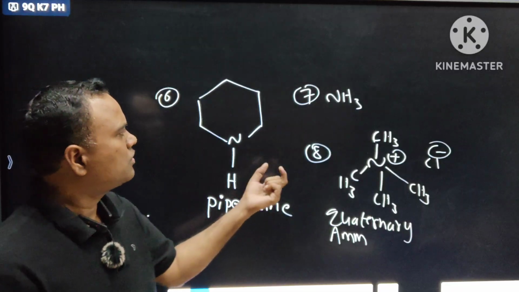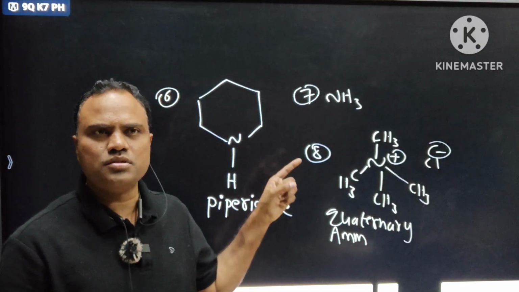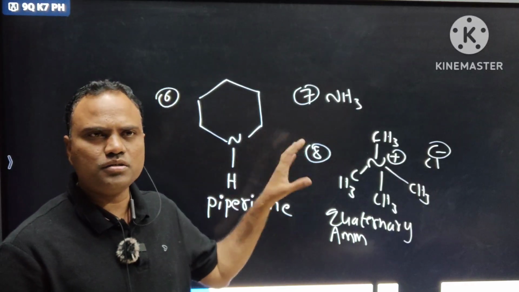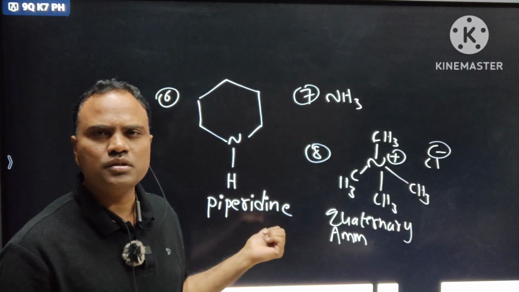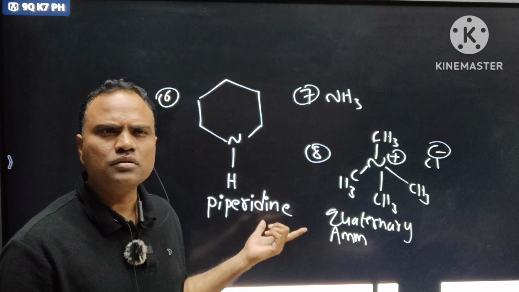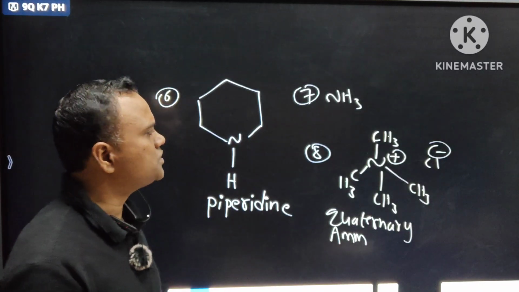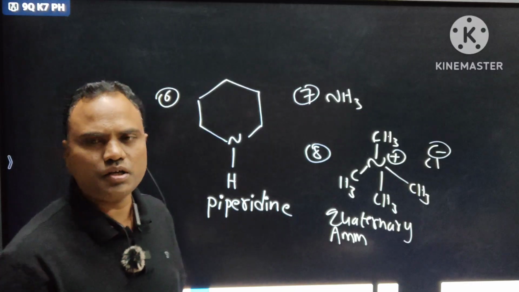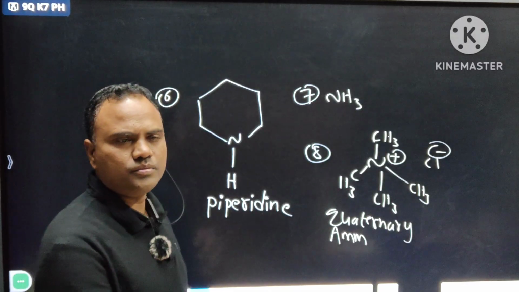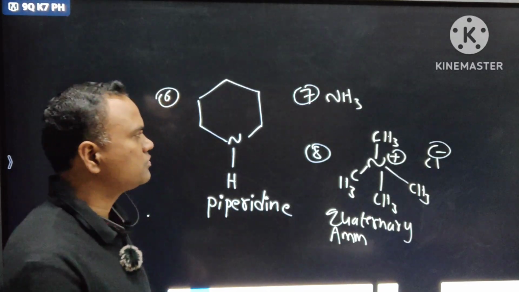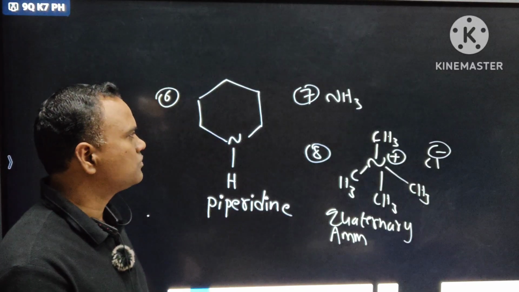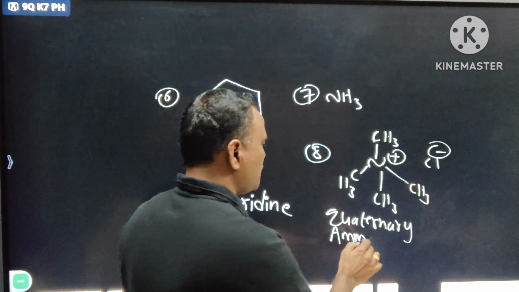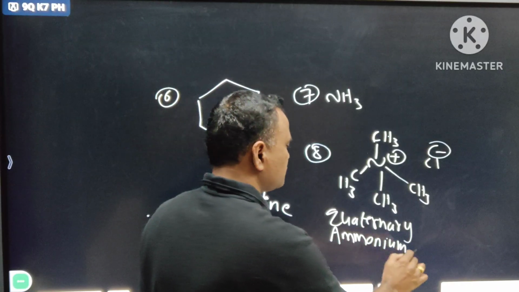Do you have any problem in this? Are you getting the structures clearly or not? I'm asking whether I am having any network issue. Quaternary ammonium salt.